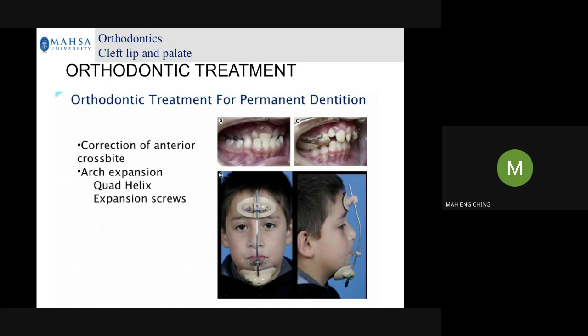You have to assess the growth and the skeletal pattern. Usually we have to look at the correction of the anterior crossbite, and sometimes the arch will collapse again. Then you need some arch expansion using a quad helix, or the RME, or an expansion screw, or sometimes you put the face mask also, to try to reverse the crossbite if they're still growing.